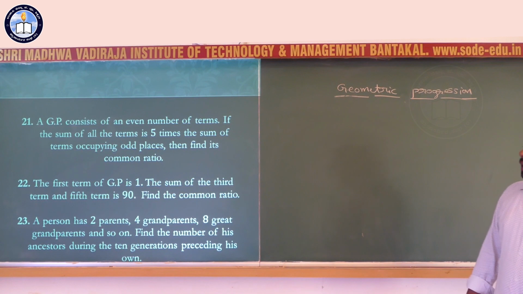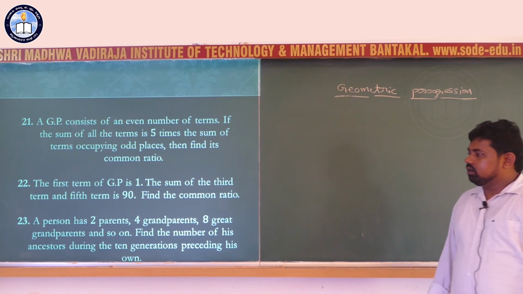23rd one, a person has 2 parents, 4 grandparents and 8 great grandparents and so on. Find the number of his ancestors during the 10 generations preceding his own.